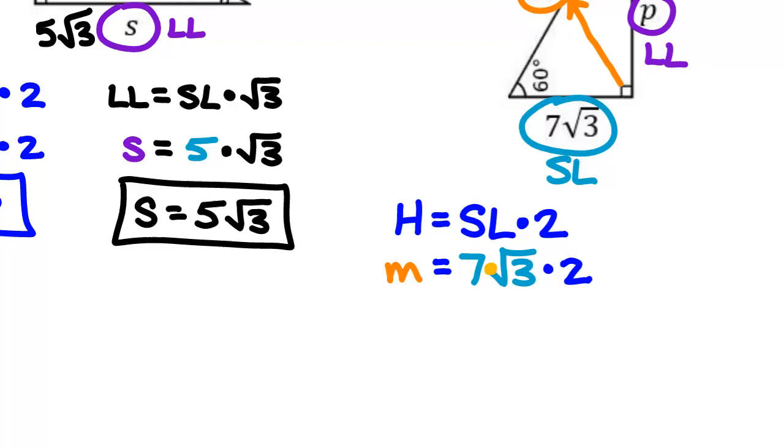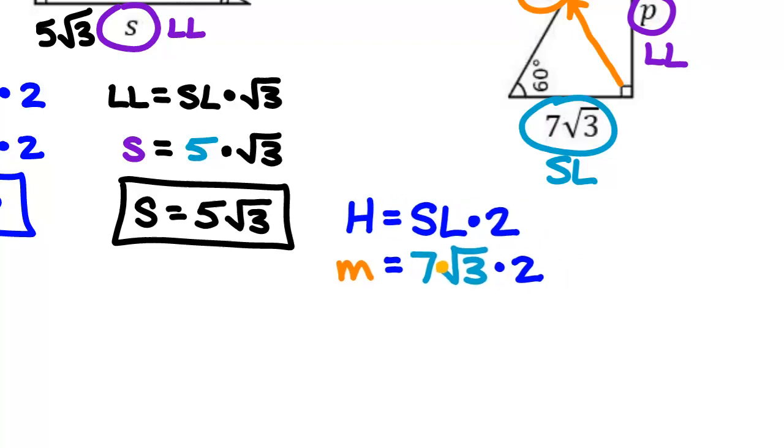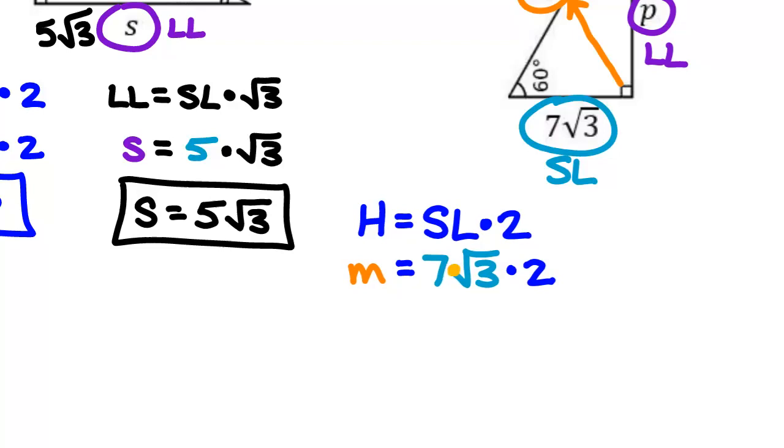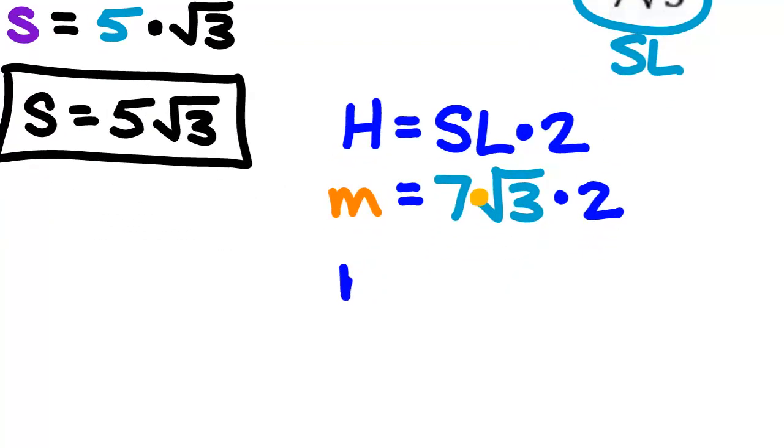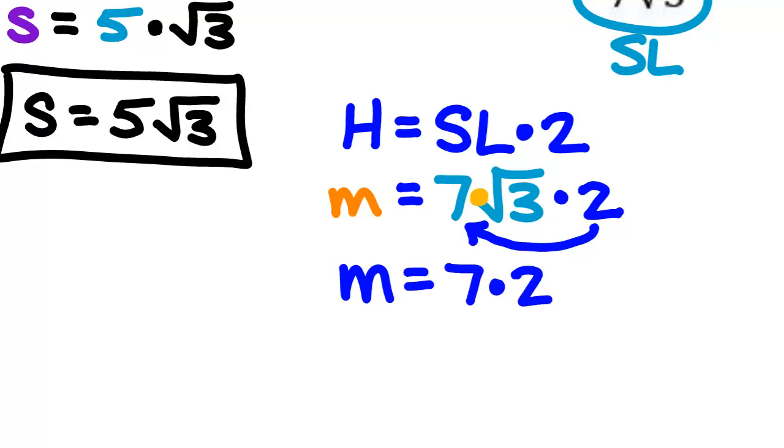When I multiply numbers together, does the order I do that in matter? No. 5 times 2 is the same thing as 2 times 5. So I can rearrange my numbers when I'm just multiplying pieces together. I'm going to go ahead and do that on this one. I'm going to bring this 2 over closer to the 7. 7 times 2 times the square root of 3.